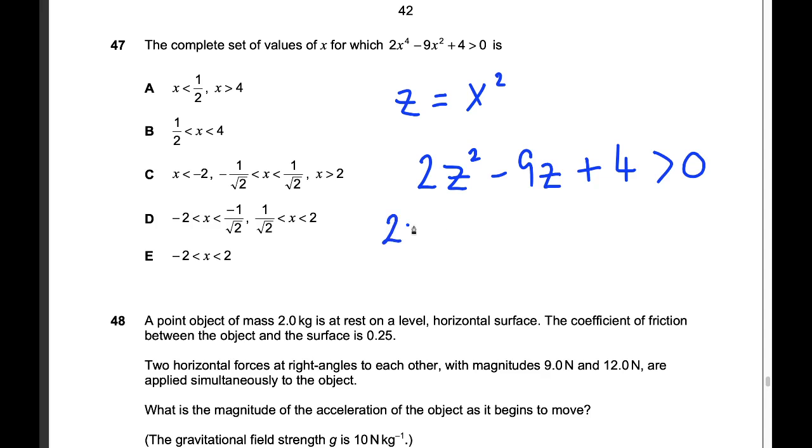So it's going to be 2z squared minus 8z minus z plus 4. Okay, that's got to be greater than 0. So if I solve this to find the values of z for which it crosses the axis, those are going to be, so I can factorize out 2z here.